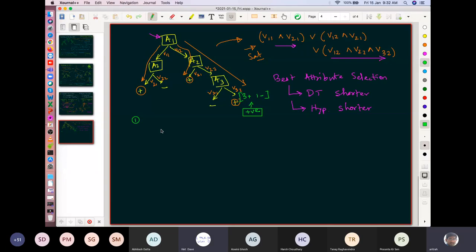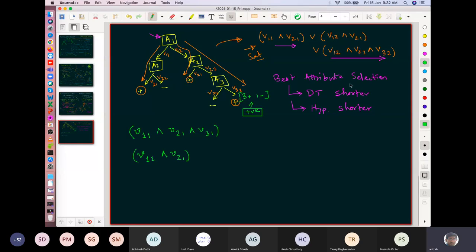So the question that I am trying to make is why we are trying to prefer shorter hypothesis over the longer one. If you try to see how the shorter hypothesis will look like, shorter means your ANDed formula depth will be shorter. So suppose some hypothesis looks like V11, V21 and V31 for example, and some hypothesis looks like V11 and V21.